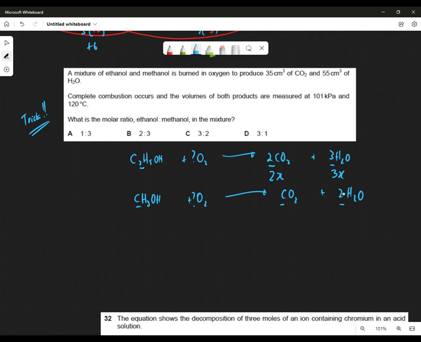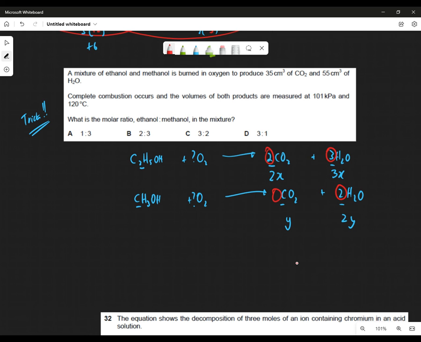I'm using the coefficients, as you can see. Now for methanol, the number of moles of carbon dioxide I'm going to call Y, because it's not going to be the same as X, is it? That's what we're trying to find out. And the number of moles of water is 2Y. Again I'm using the coefficients: there's a 1 there, and a 2 there.